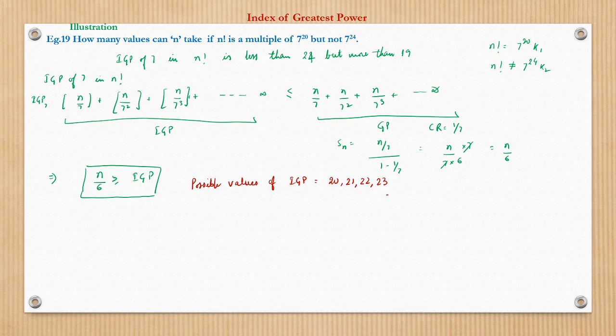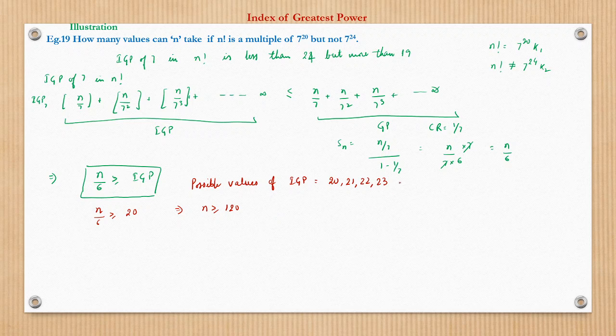These four are the possible values. So what can n take? N can take values, but it should not be more than 24, right? So n by 6 should be greater than equal to 20, right? So from here we get an approximate range that n should be greater than equal to 120.